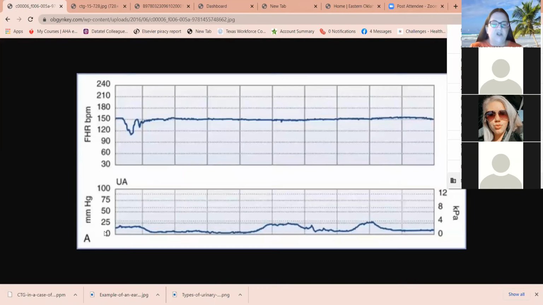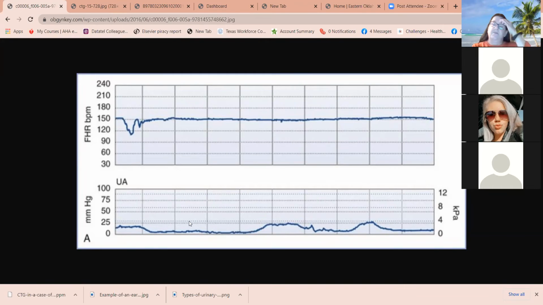Okay, contractions. This is clearly an external monitor. So we can see the contractions. How far apart are they? These are about 2 minutes apart.